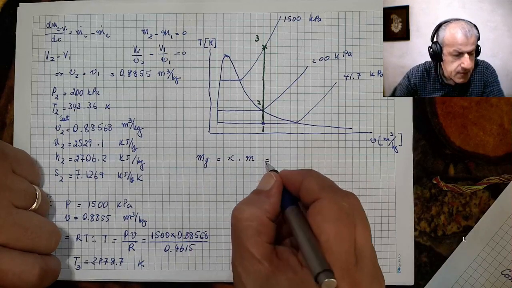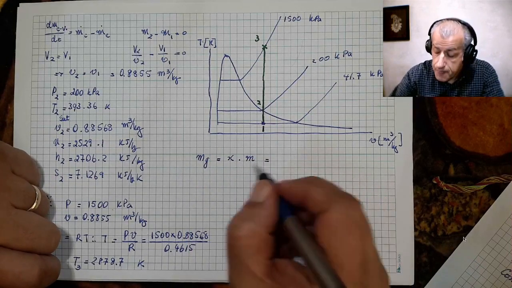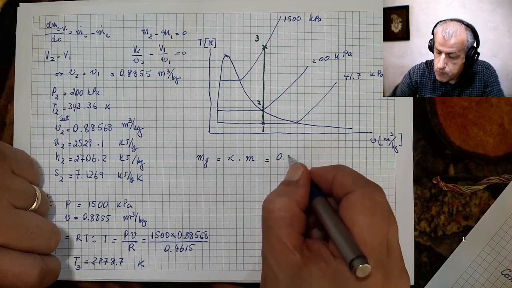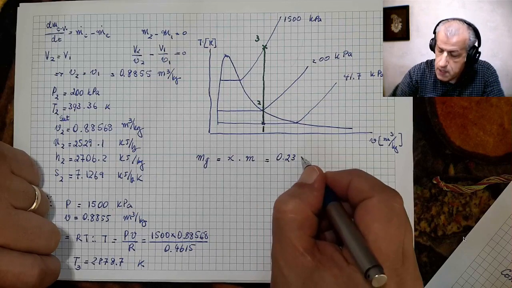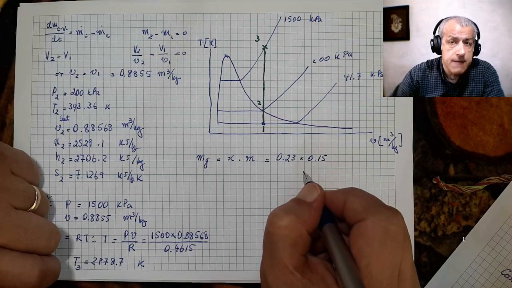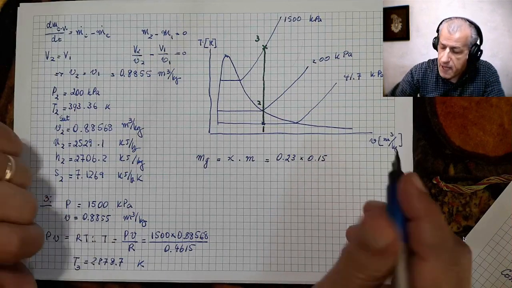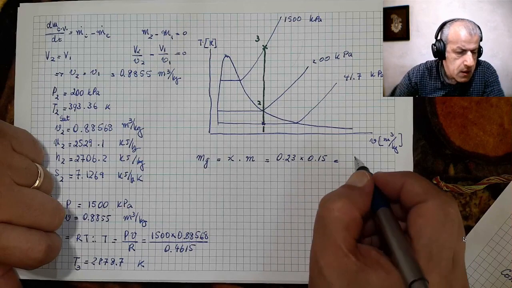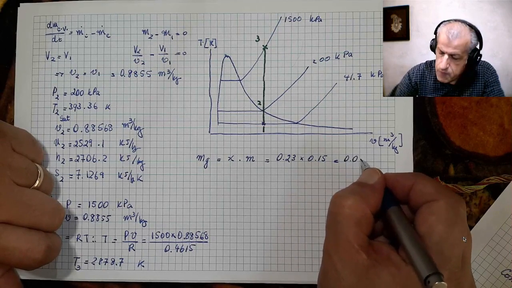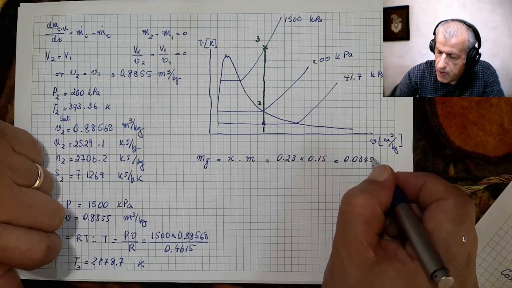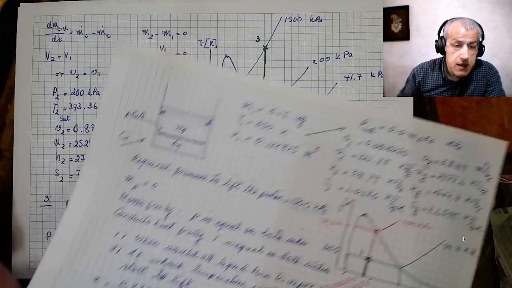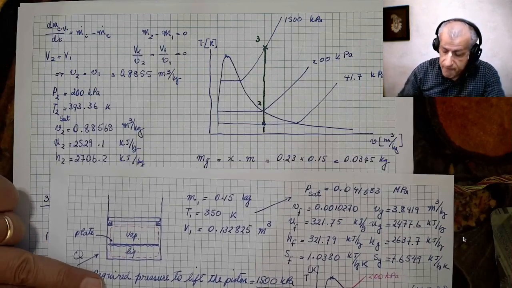And therefore, the mass of vapor is 0.23, which is the quality, times 0.1515, which is the initial total mass, and the outcome would be 0.0345 kilograms.